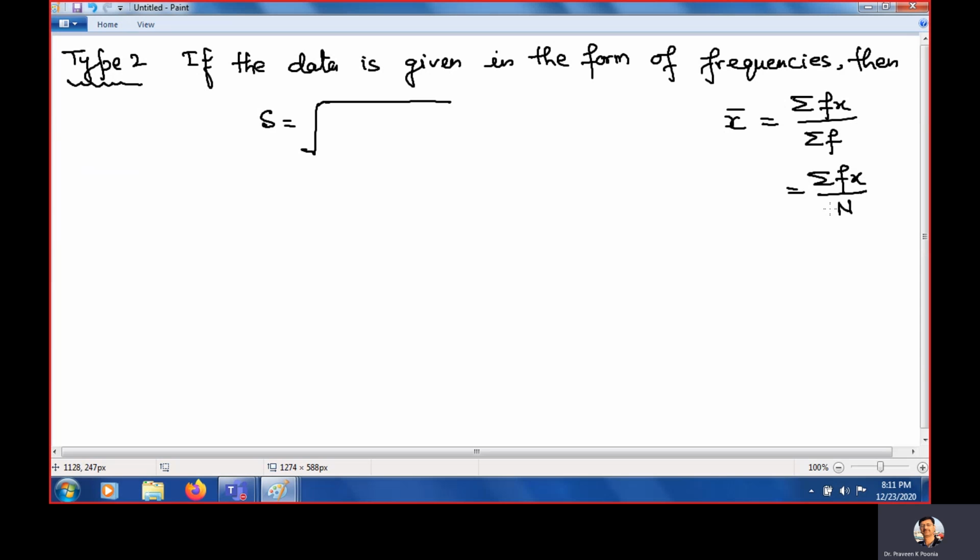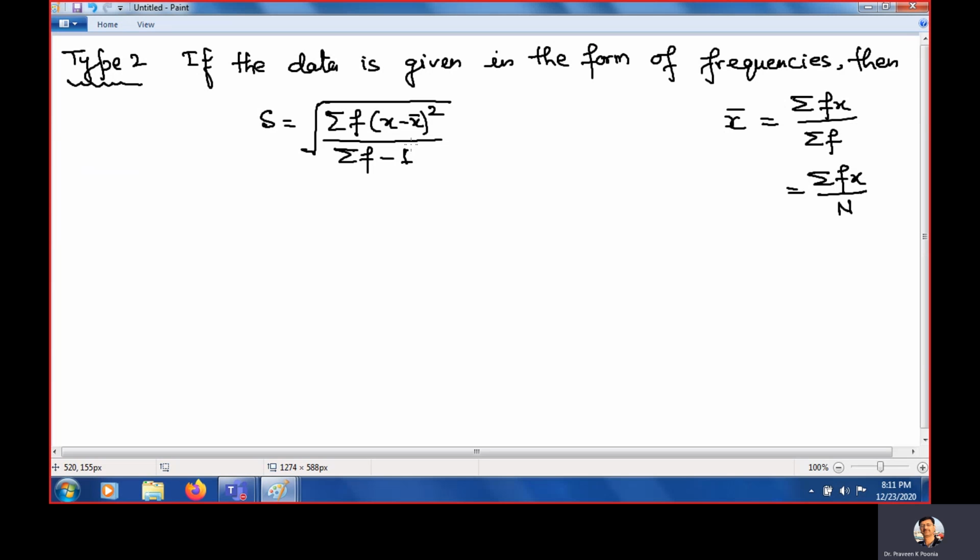This was the formula for mean. And the same formula we are going to have in case the data is given in terms of frequencies. So sigma f, and what was the x? X minus x bar power 2 upon sigma f minus 1.